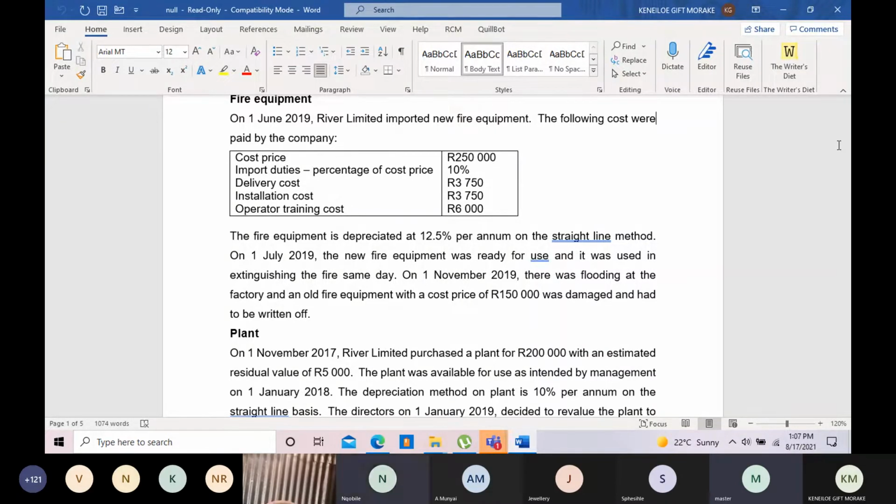We got 25,000. So 250,000 is the main cost, and you add the import duties, meaning 10% of that 250,000. 250,000, the main cost, plus the import duties of 25,000, because we have already calculated this one. If you didn't listen, I said, to get the import duties, I said 250,000 multiplied.